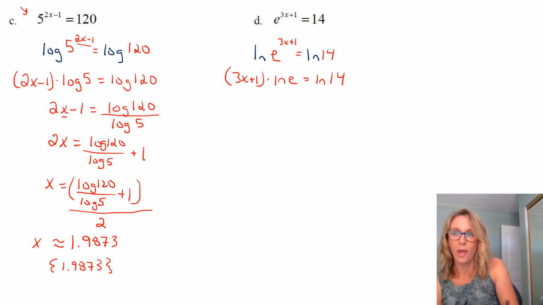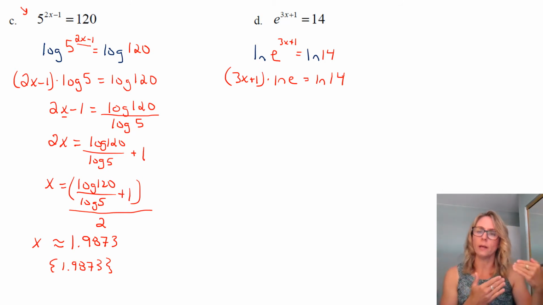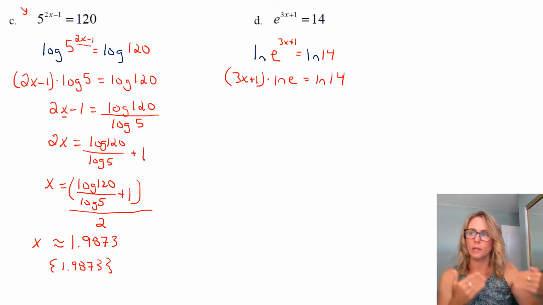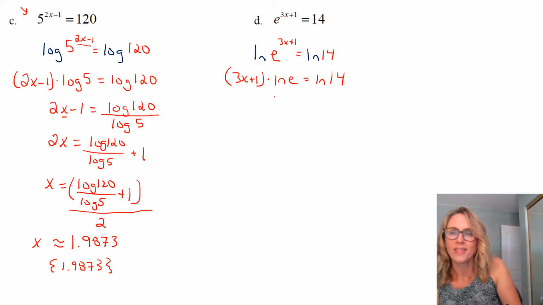However, ln of e is just 1 because it's log base e of e, which has an exponent of 1. e to what power gives us e? 1. So that means that all we have here on the left side is actually 3x plus 1.